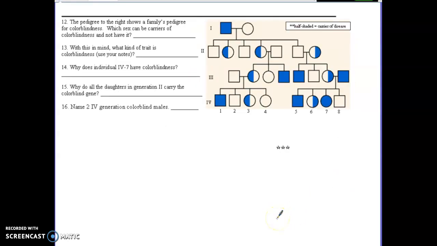Okay, and then this one, I want you to notice if there is actually a pattern here. You see how all the squares that are blue are colored in completely? And then the circles, the ones that do have any color, mostly, except for one, are half colored in. This is something called a sex-linked trait because it is directly related to just the guys.